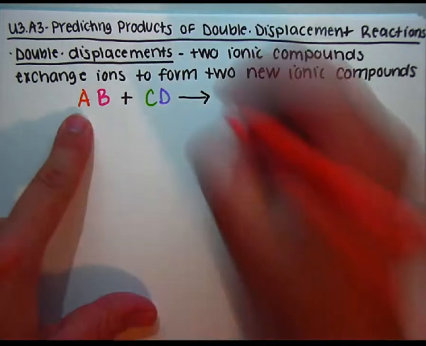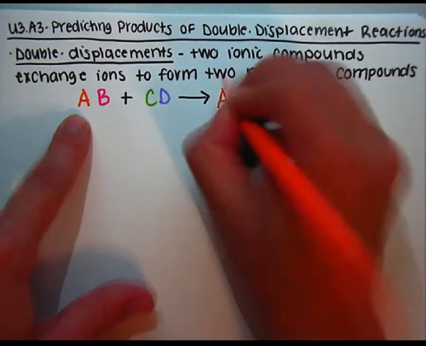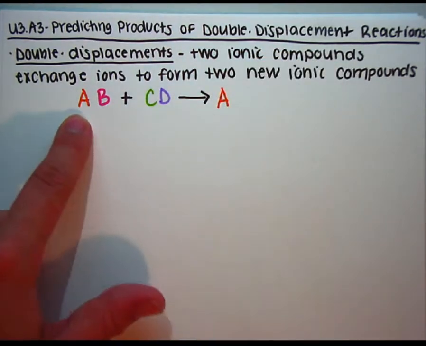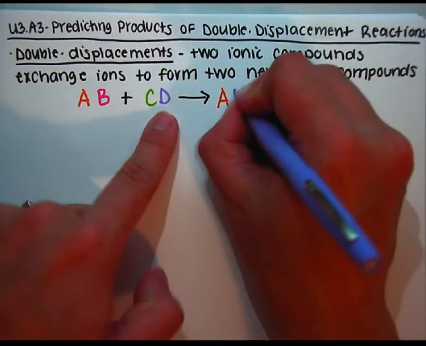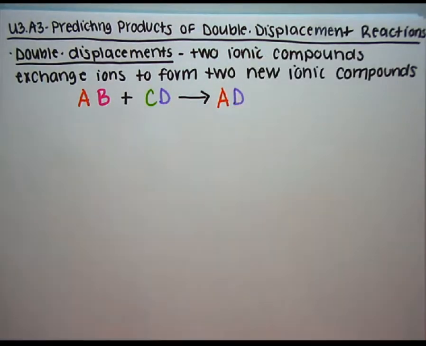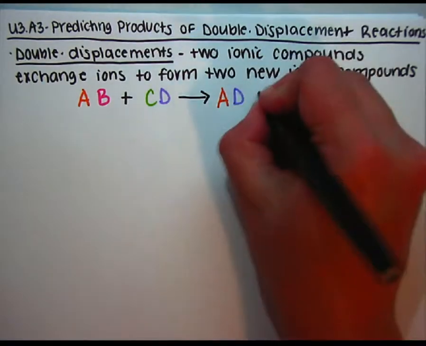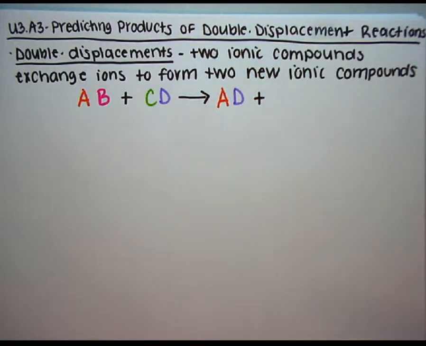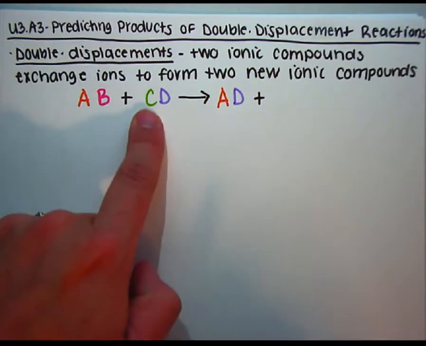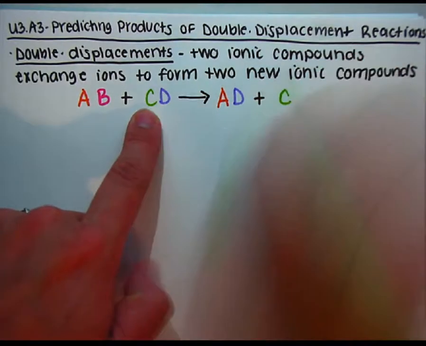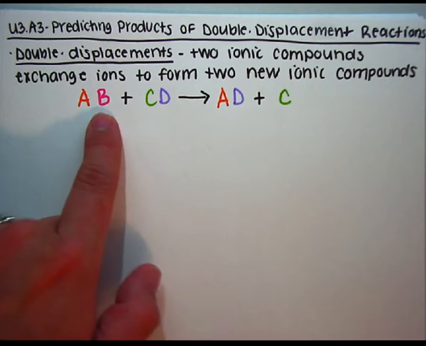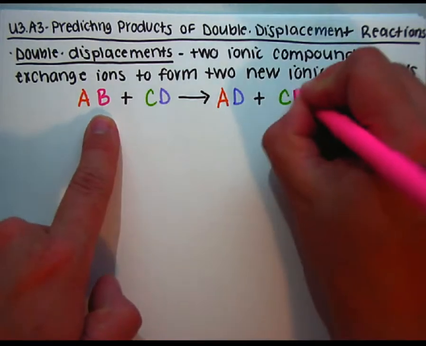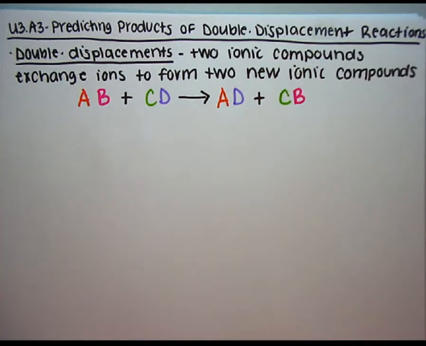That means that the cation from the first ionic compound will bond to the anion of the second ionic compound. And then vice versa, the cation from the second is now going to bond with the anion of the first. So they're just switching ions.